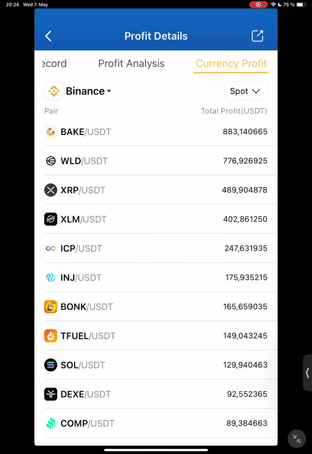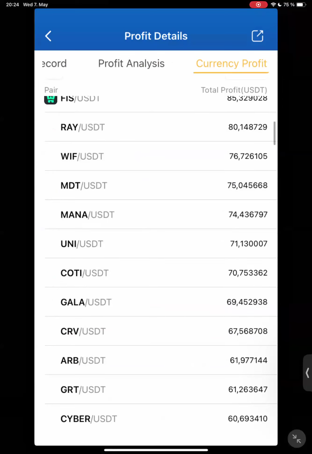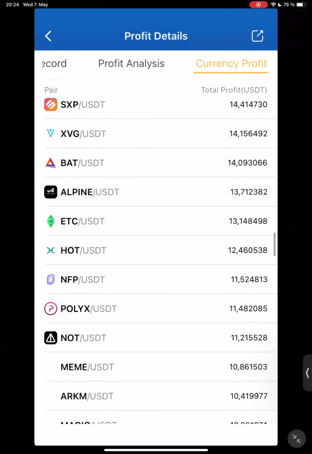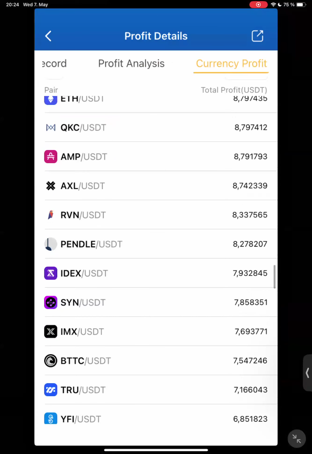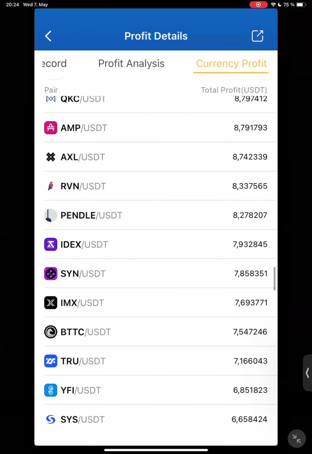Now let us go to currency profit. So the currency profit displays how much you have made in revenue on all the coins you've ever traded before. It displays all, it doesn't hide any coin from you. It even shows you the coins that you have made the least profit from. That is one thing I love about the RoyalQ bot, it's very, very transparent.